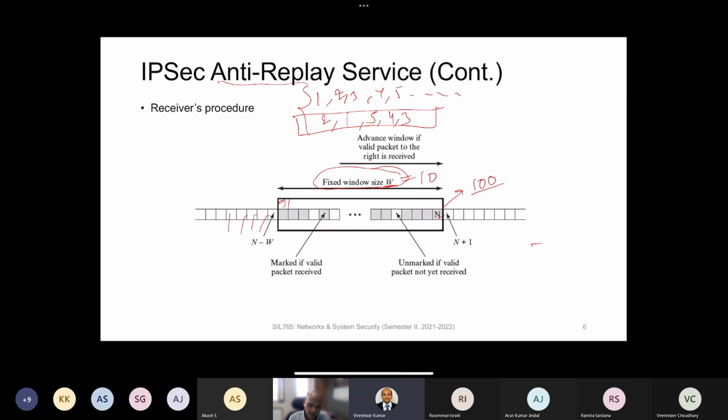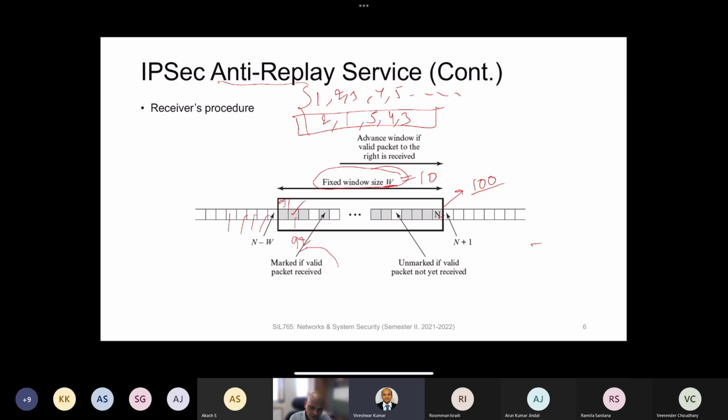Now if you receive a packet, let's say 92, you will check whether the packet is authentic or not. If the packet is authentic, then you will mark it as received. In the figure, you gray that box to show that I have received this packet and it is authentic.